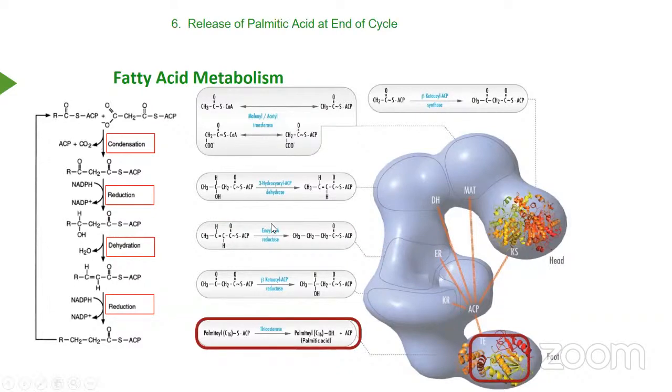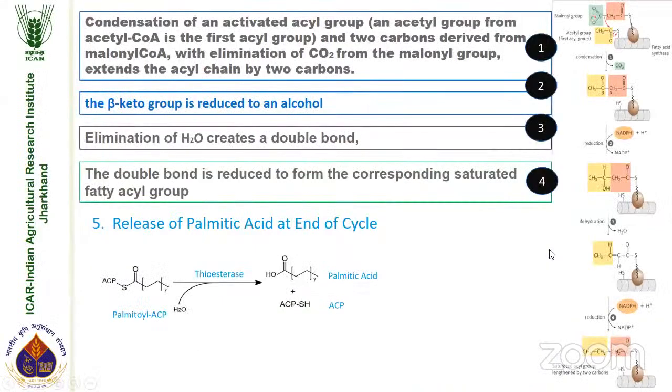After that, one CH2 will be added, and once each cycle is done, in the last you will remove the entire fatty acid with the help of thioesterase. So this is the common process used for each addition of a carbon molecule in the fatty acid. Like if you have to synthesize a 16 carbon fatty acid, how many do you need?